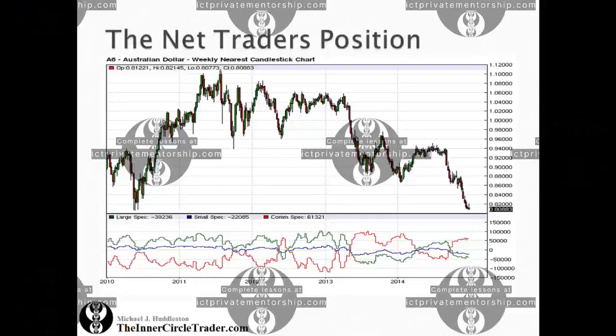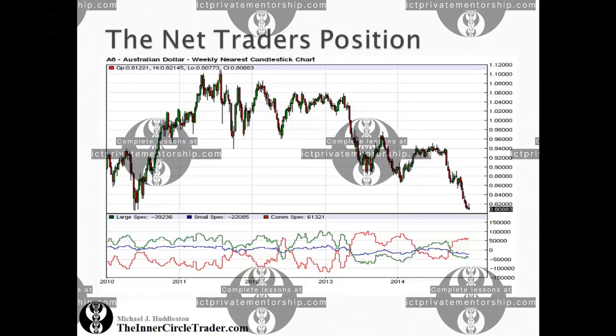The banks are the red line here. If they are above the zero line, as we just indicated, they are net long, meaning collectively, over their entire speculative interest in the Australian dollar, they are more net long or bullish than they are net short or bearish.